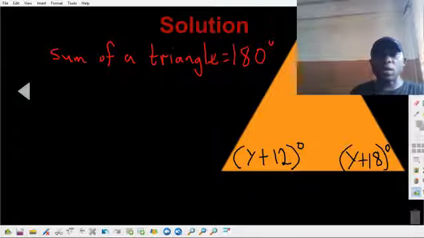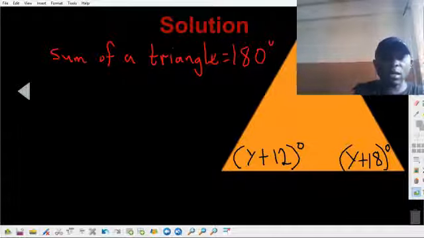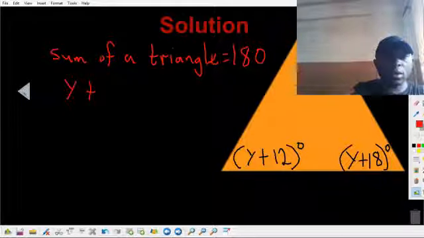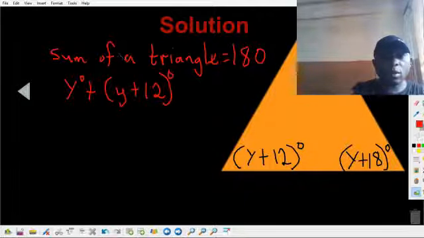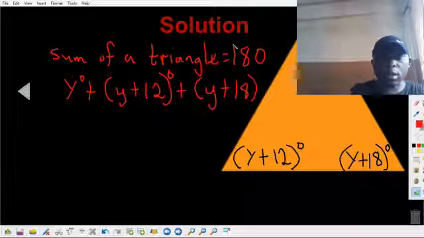How are we going to do that? First we need to arrange the numbers and letter given. We say y degree plus open brackets y plus 12 close bracket degree plus open brackets y plus 18 close bracket degree.